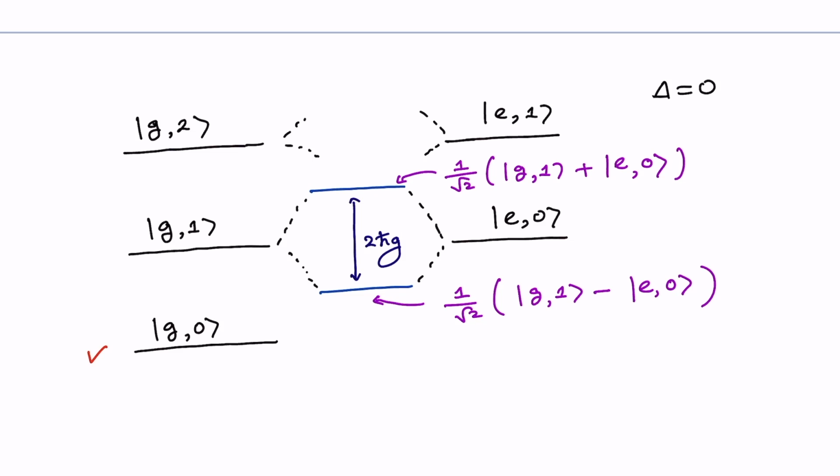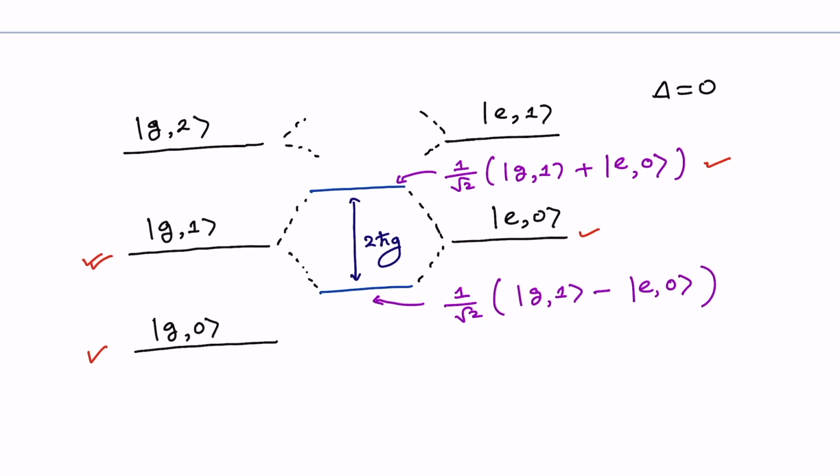Then there may be one microwave photon in the cavity with the Cooper pair box still in the ground state, or no photon in the cavity but the Cooper pair box in the excited state. But when this coupling is there, these energy levels |g,1> and |e,0> get hybridized, and we get two energy levels. One has as its eigenstate the symmetric superposition of |g,1> and |e,0>, and the other is the antisymmetric superposition of |g,1> and |e,0>.